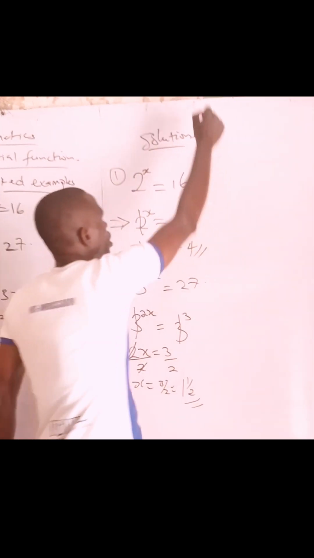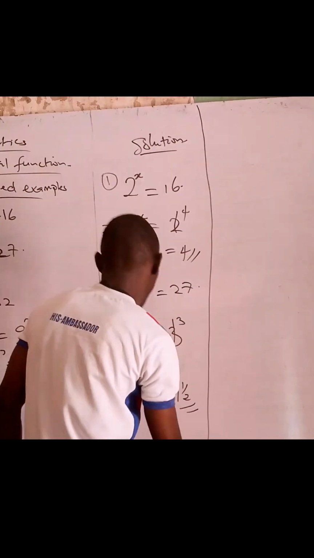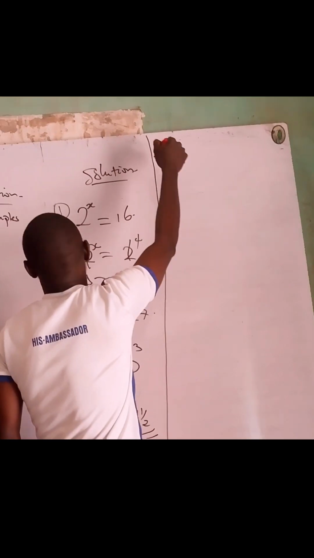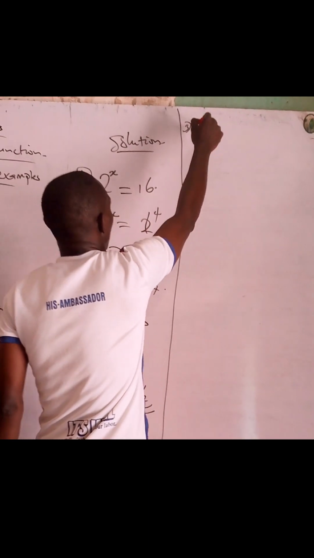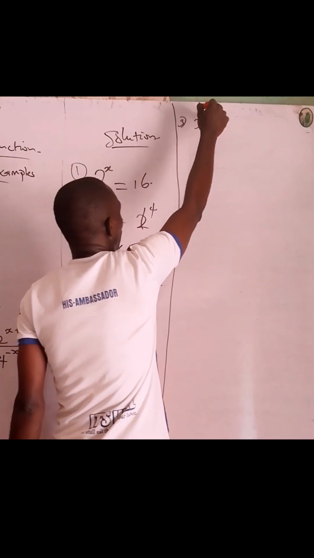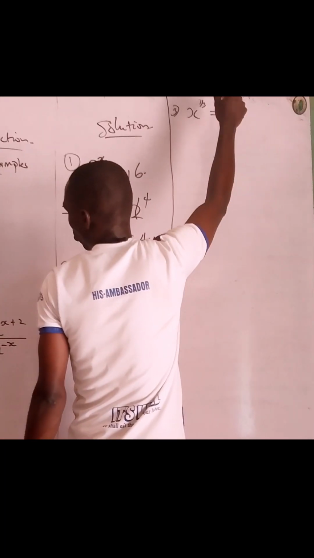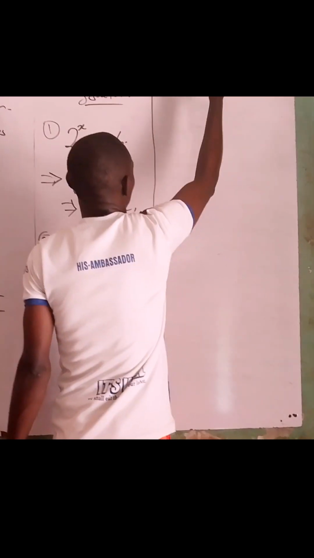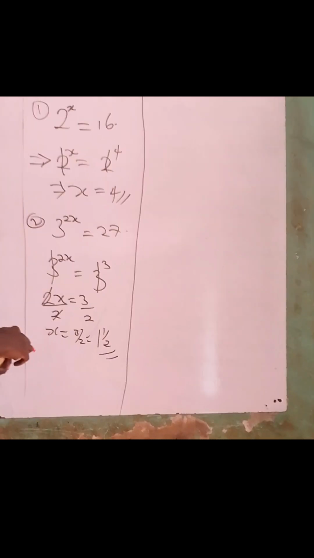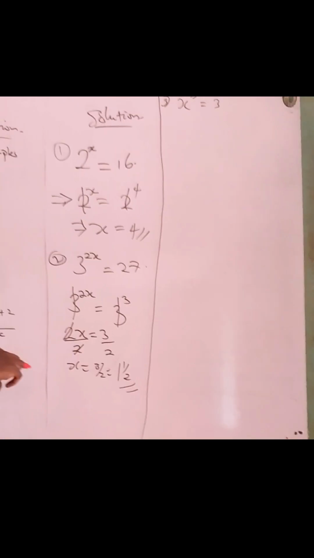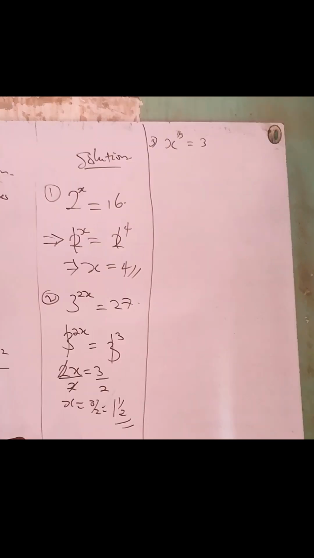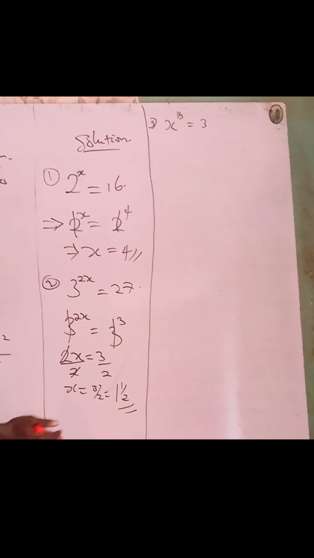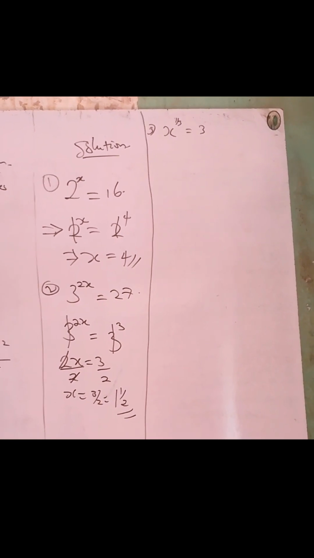Very good. Now, let's take number 3. Number 3: x raised to the power of 1 over 3 is equal to 3. This is a bit tough, but it's not tough. When you have a question like this in mathematics, getting x is very, very easy.